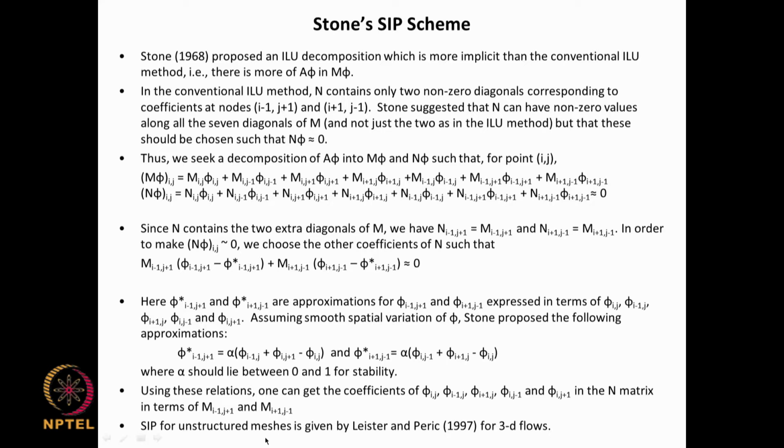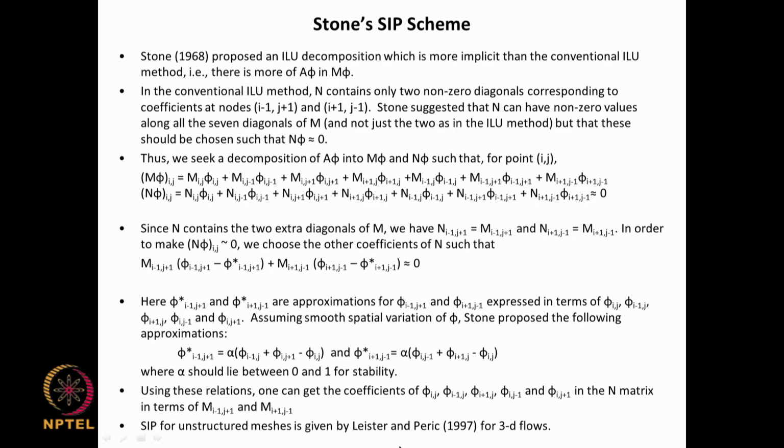So, when you are looking at complicated geometry, irregular geometry like finite difference methods, where there is a diagonal structure, in a way we make use of the diagonal structure, but it is possible for us to have not a triangular mesh, but if you have a quadrilateral 2D or a cuboidal 3D kind of thing, then it is still possible to get some diagonal structure, and for unstructured meshes you have an extension of this method by Lester and Perich 1997.